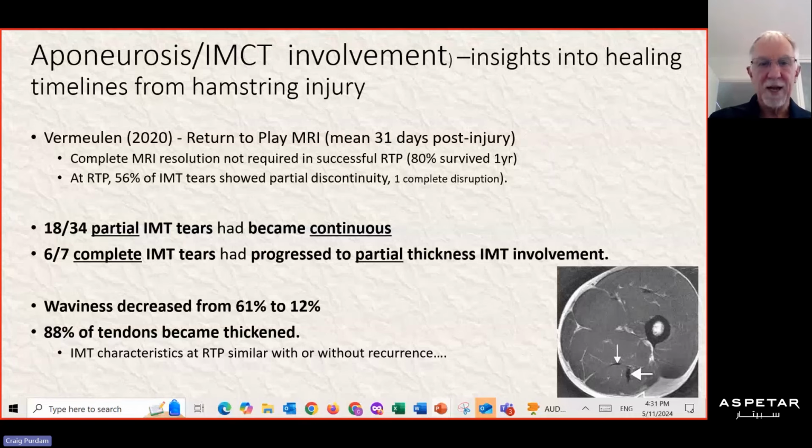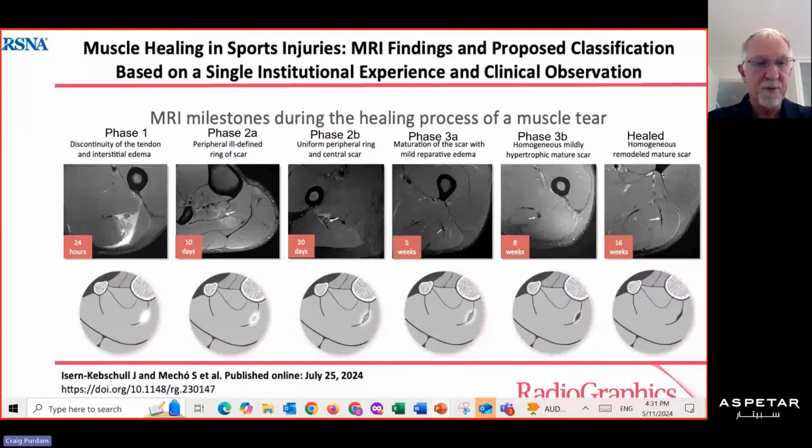To couple with that, this excellent paper this year by Hamilton, Eisen and Kebshel, and he was very gracious in allowing us to share this here with you today. So what they've done effectively is taken the Järvinen work, and in fact Tero Järvinen was involved in the paper, as well as their MRI findings, and have been able to look at the particular features of MRI, so we can then determine the degree of healing.